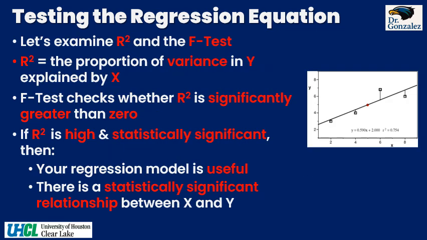So let's look at R squared and your F test. So R squared is going to be the proportion of variance in Y that is explained by X, okay? So in your time to arrive at destination, right, from your GPS.